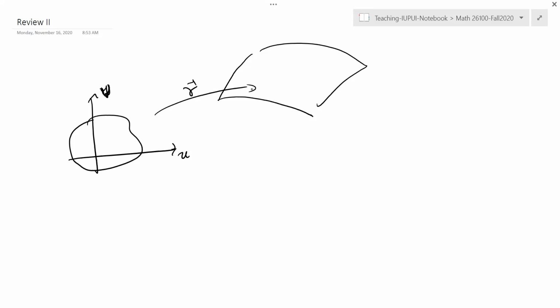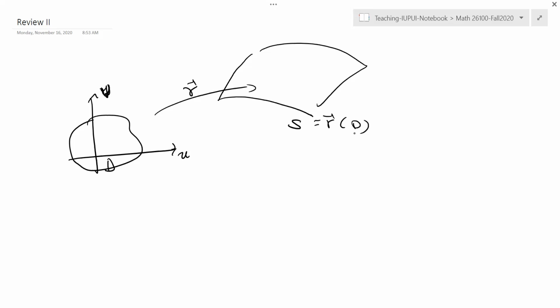Okay, so this is a surface. Let's call it S. This is the image of this domain D.